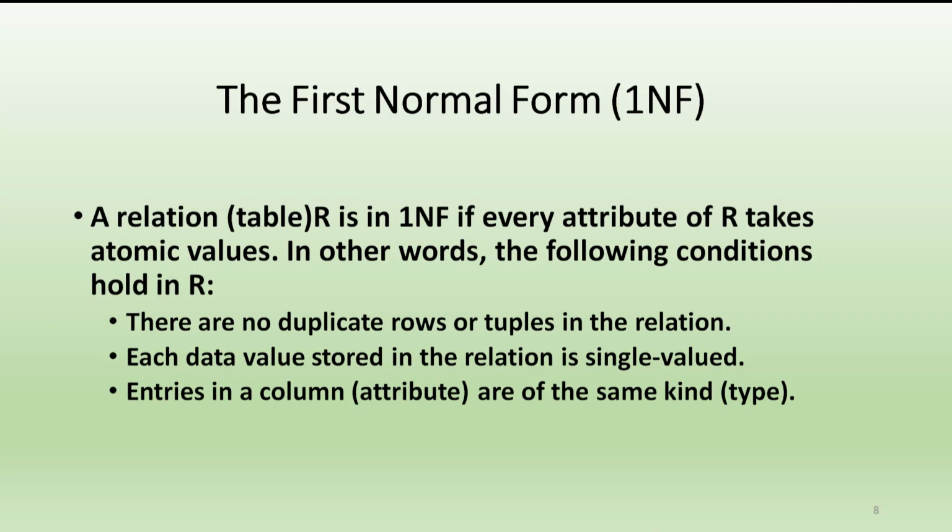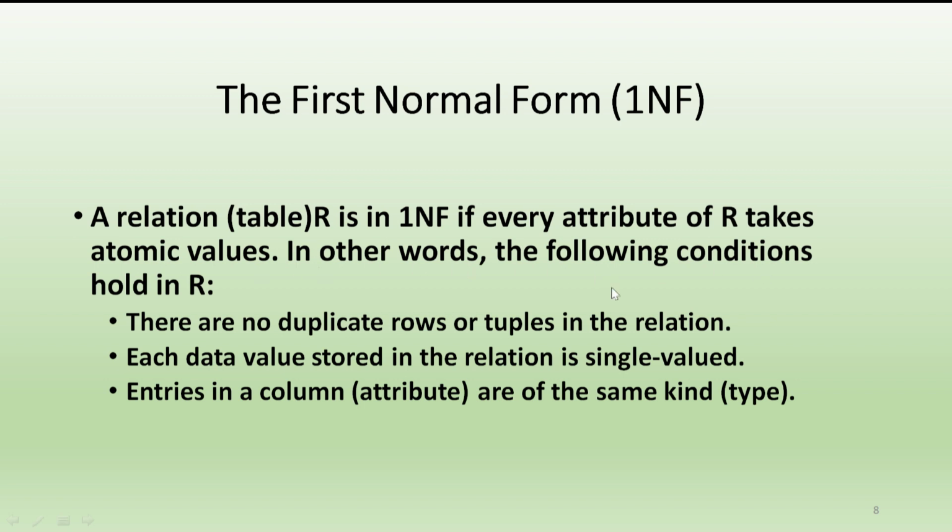Right, so let us now define the normal forms. So far we have discussed the dependencies. Now let us define the normal form. The first normal form, which we call 1NF, says a relational table R is said to be in 1NF if every attribute of R takes atomic values.